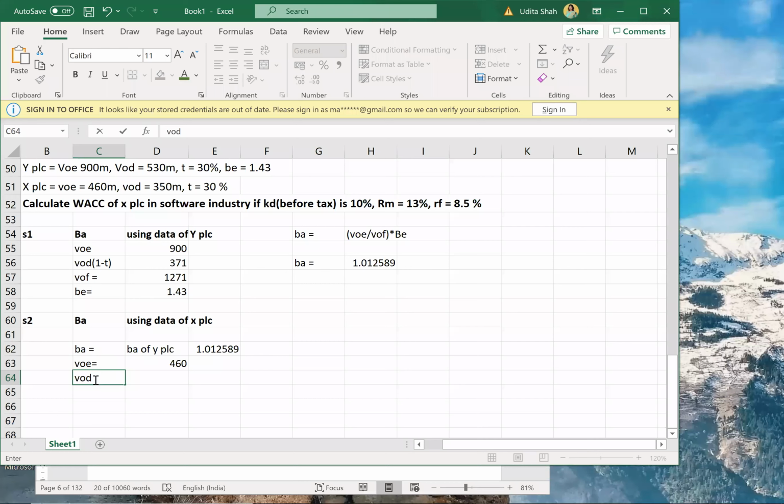That will be 350 into 1 minus 0.3, so value of debt will be 245. Value of firm will be value of equity plus value of debt. And now comes the important part. What will be the beta of equity? That I don't know. That will become my balancing figure.